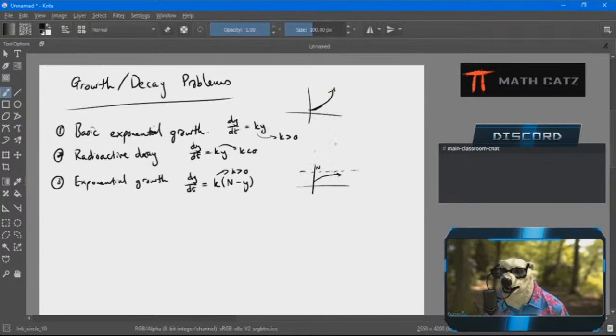But as we get closer, then this portion of the basic exponential growth becomes unreasonable, and the capacity aspect, that it slows down the closer I get to the capacity, becomes more realistic. So a combination of these seem to be the direction to go in.